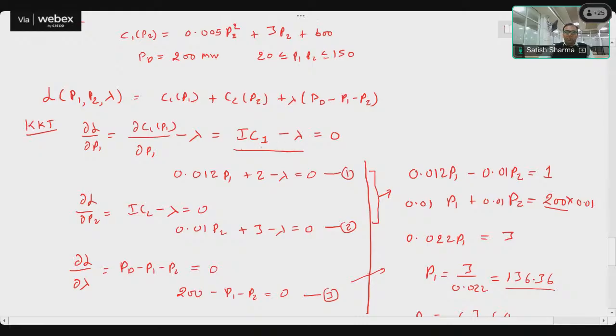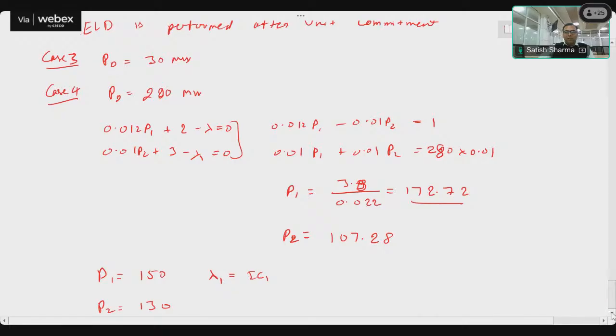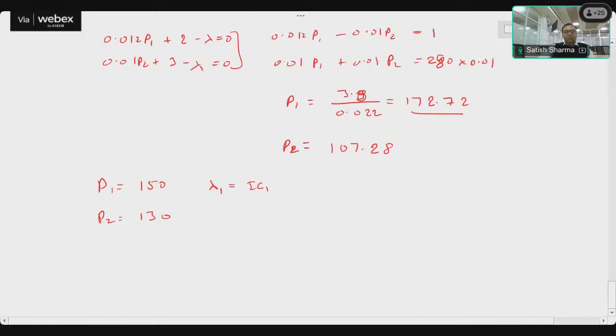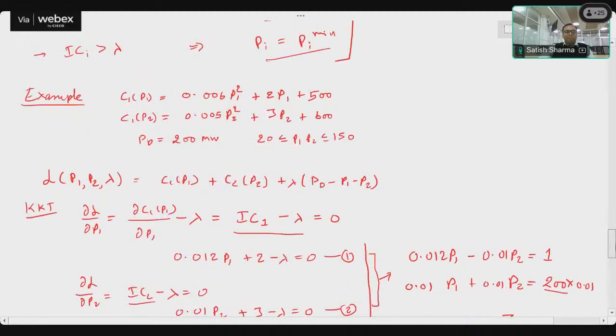Some incremental cost will come here, and similarly some incremental cost will come from here as well. The incremental cost was roughly twice A times P1 plus B1, right?